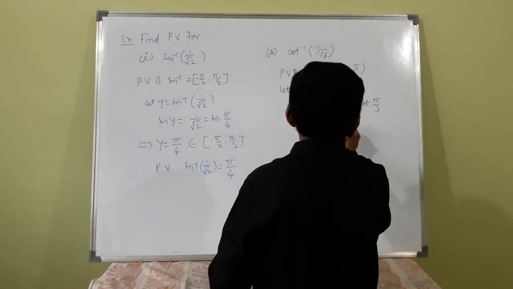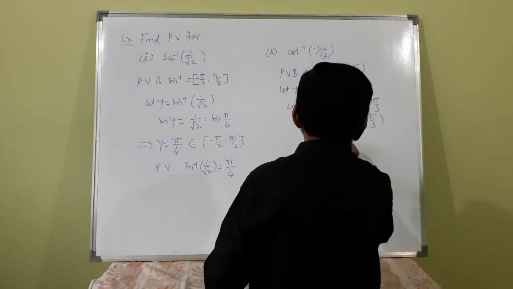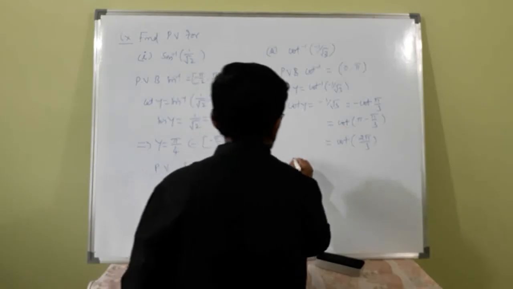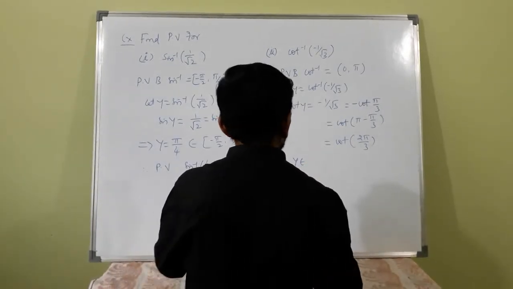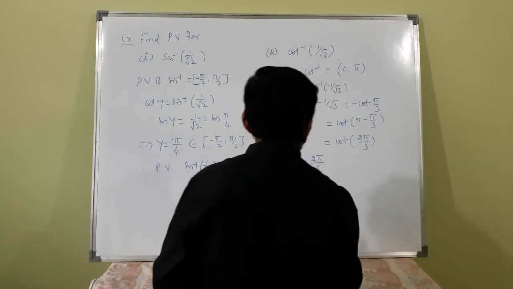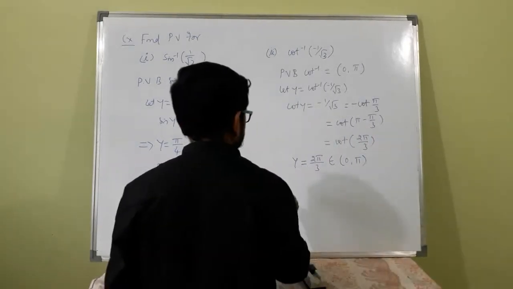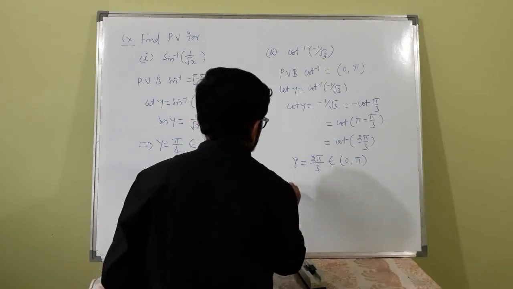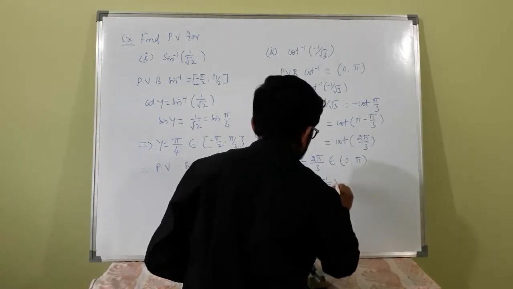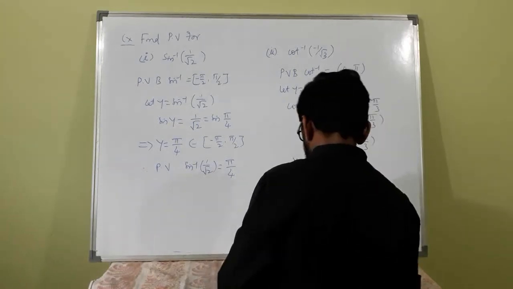This is equal to cot of π minus π/3, which is cot 2π/3. Therefore, y is equal to 2π/3. This belongs to 0 and π. Therefore, the principal value for cot inverse of minus 1 by root 3 is 2π/3.